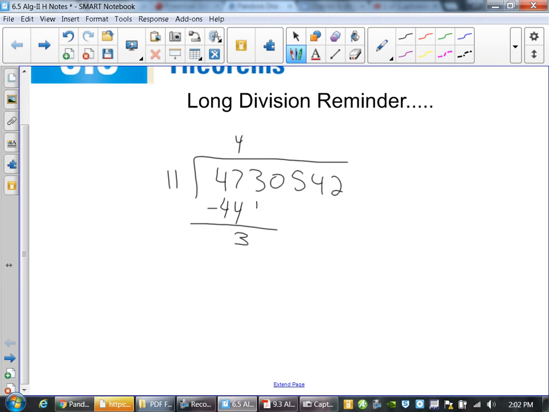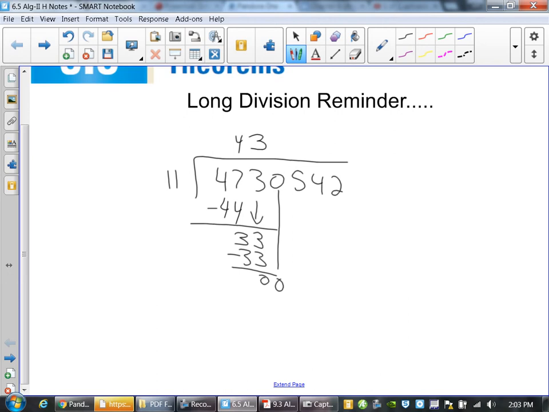Bring down the next one. 3. 3 times 11, 33. Subtract it. Bring down the 0. So you put a 0 in. 33 minus 33 is 0.